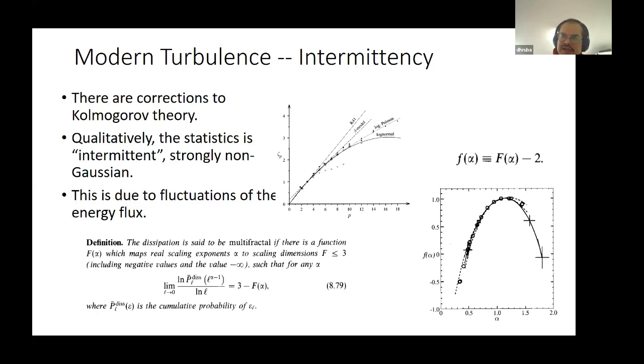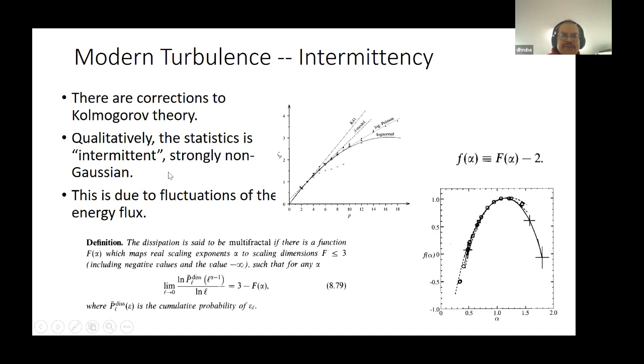So you now see that the intermittency that is there in the inertial range is actually connected to the fluctuations of energy dissipation at very small scales in the dissipation range. This is the connection between inertial range and dissipation range intermittency, and I am going to mention it once.